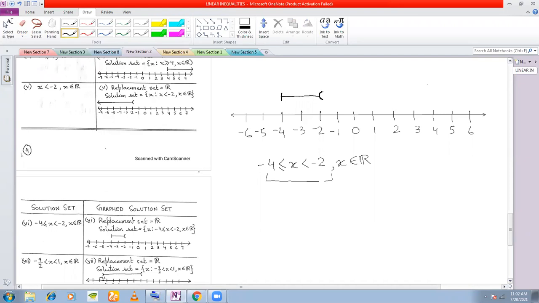That is how we represent this on the number line. How do we write the solution set for this? x such that x lies between minus 4 and minus 2, and x belongs to R. That's it.